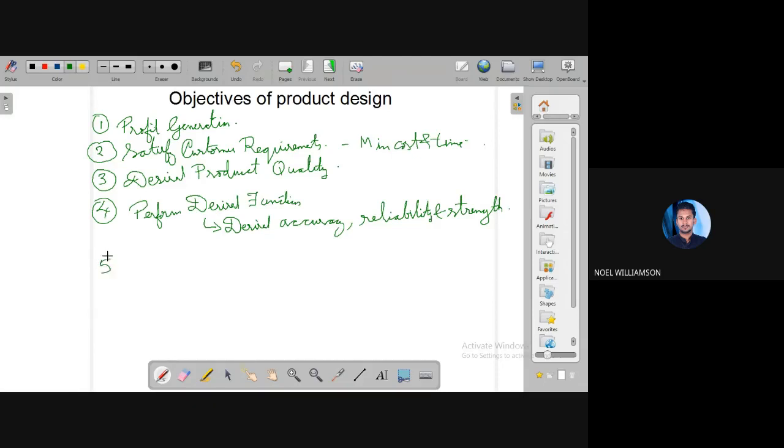And next is the ergonomics. So ergonomics means removing the fatigue. That is the health issues. We have to consider the health. That is, it should allow the product to be used easily with minimum possible fatigue.